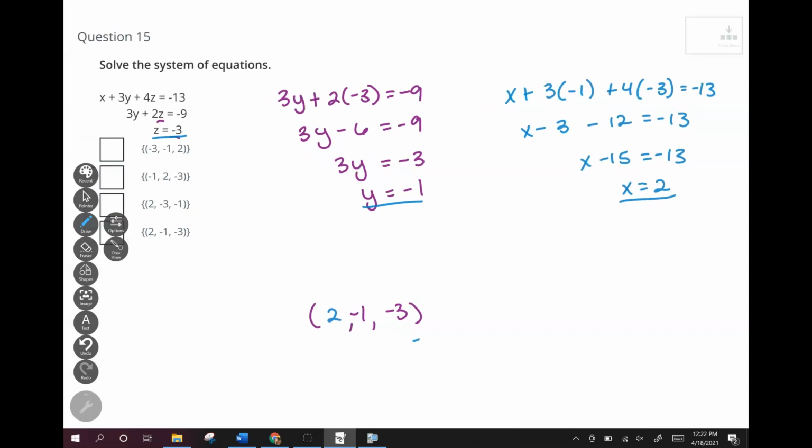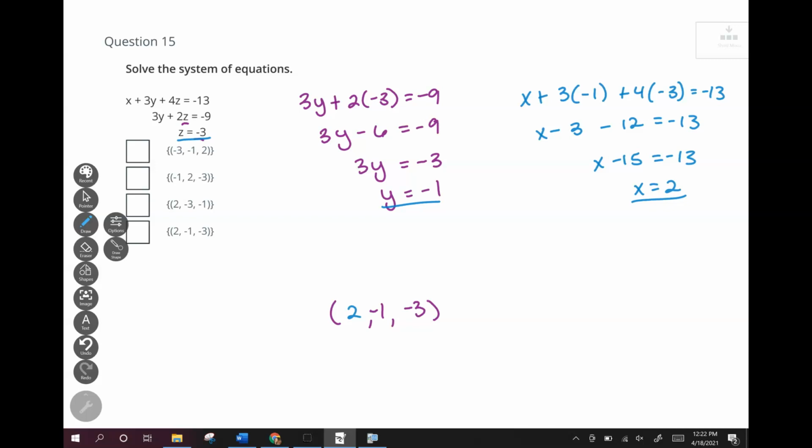Okay, so I got 2, negative 1, negative 3. Be careful when you're looking at those ordered pairs that you see they've got some of the numbers mixed around. It should be x, y, z. So make sure those variables are in the right order.